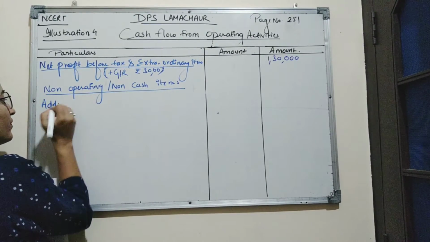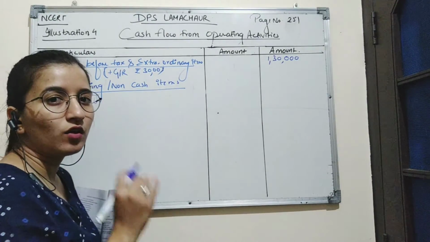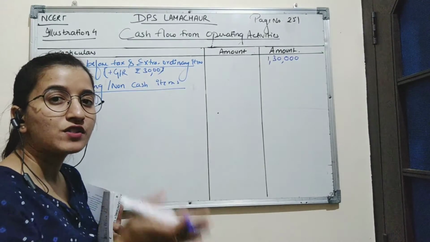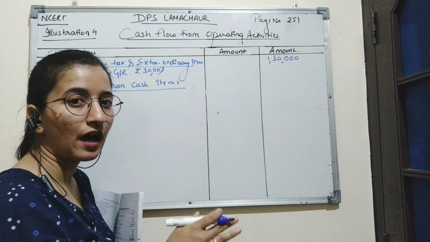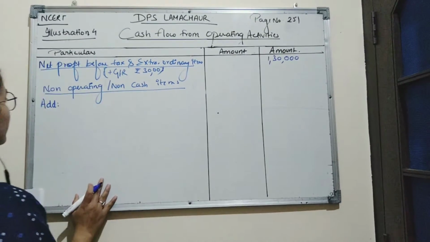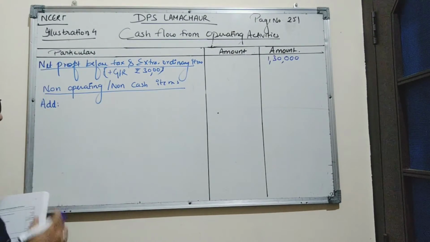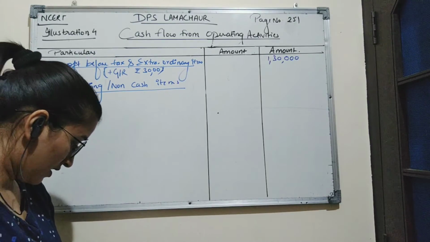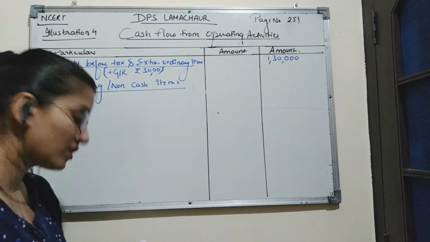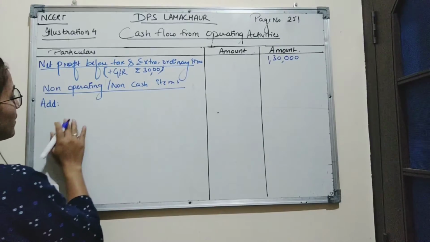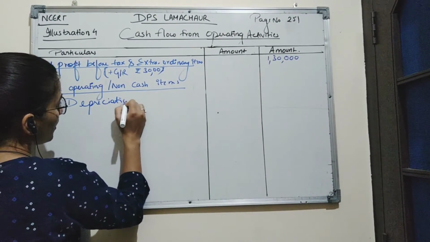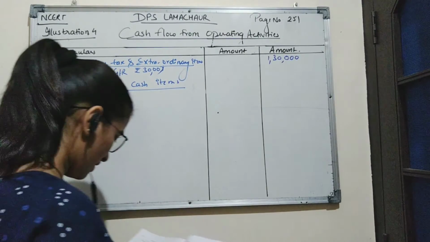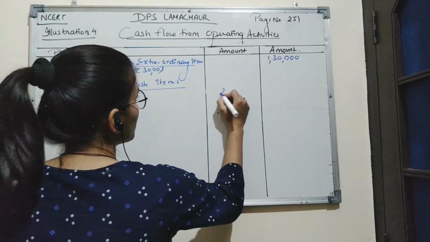So as we know, we will add all the non-operating expenses which have been deducted in calculating the net profit by trading and P&L account. So here the non-operating expense is depreciation amounting to rupees 20,000. So we will add depreciation, which is a non-cash item, amounting to rupees 20,000.